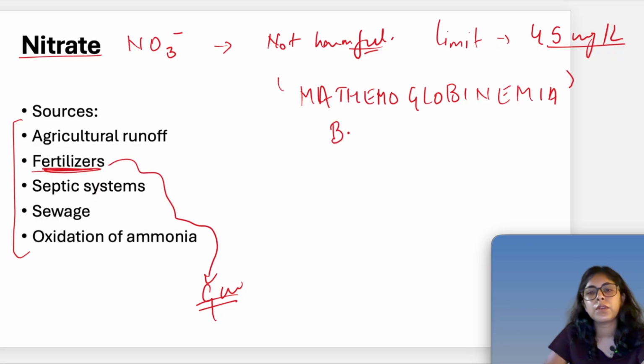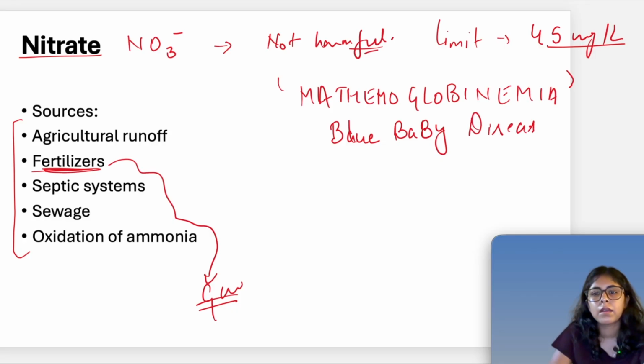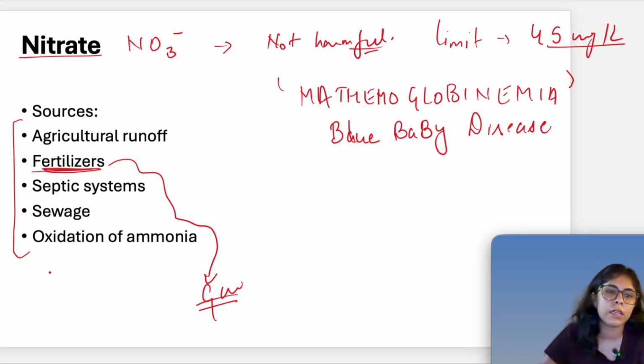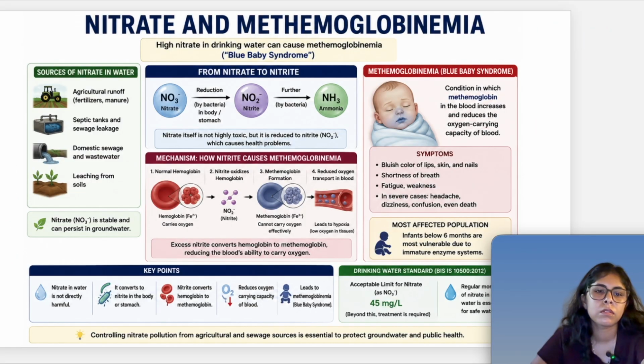In simple words, we also call it blue baby disease. Let's look at it in detail: nitrate and methemoglobinemia. High nitrate in drinking water can cause this disease, also called blue baby syndrome.